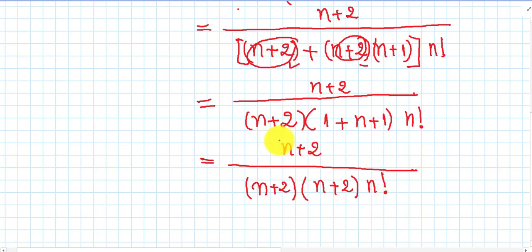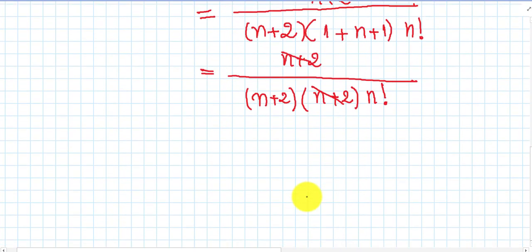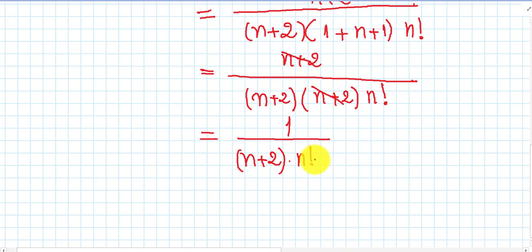We can see this n plus 2 and this n plus 2, and we can simplify it, and we get 1 over n plus 2 times n factorial.